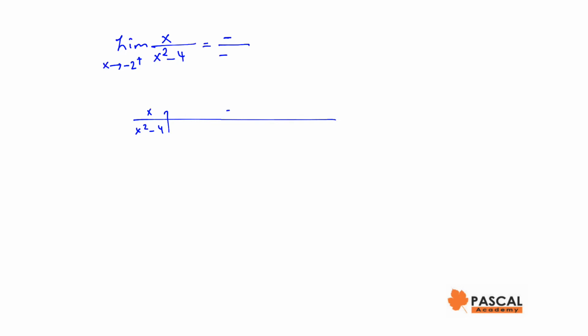Let's find limit of x over x² minus 4 as x approaches negative 2 from right side. When x approaches negative 2 from right side, the numerator is negative 2 and the denominator is negative. x² minus 4 is 0 at negative 2 and 2.